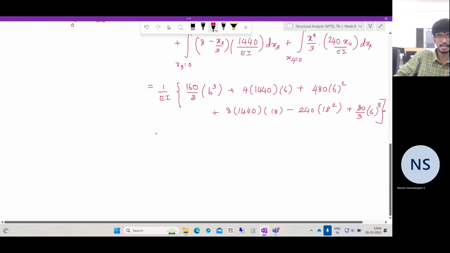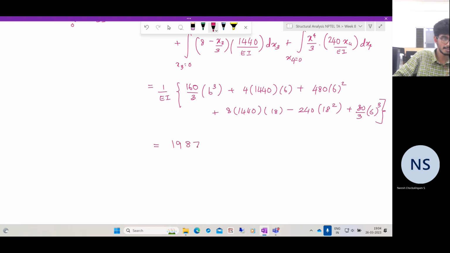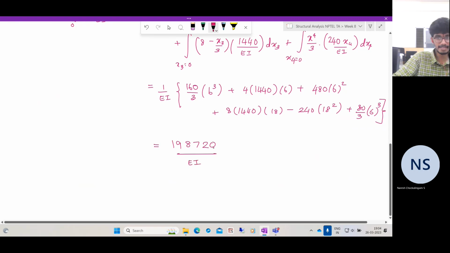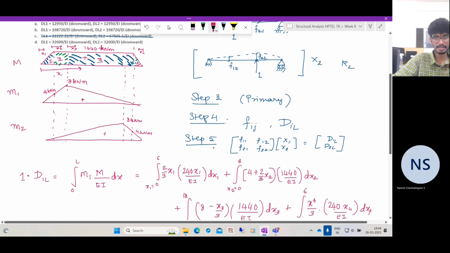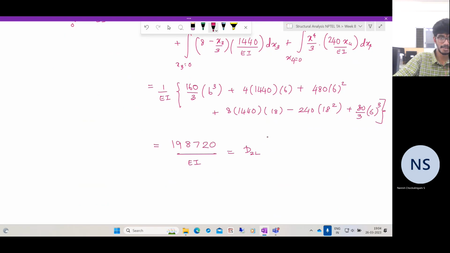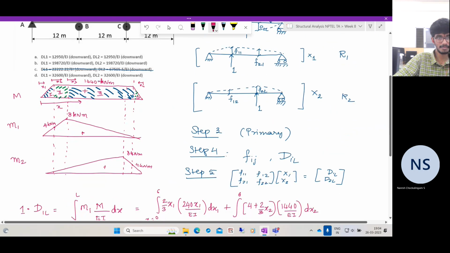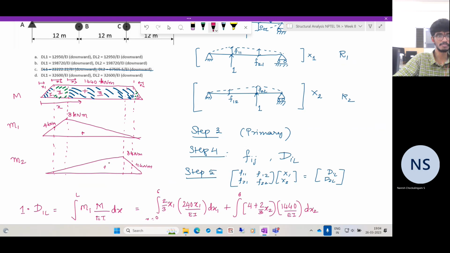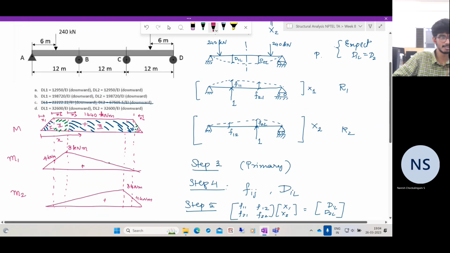So this expression evaluates to 198,720 by EI. As I said, since the primary structure is symmetric, this should also be equal to D2L. We can also check this exactly because this is symmetric. If you do the integrations in the same way, starting from the right hand side, you get exactly the same expression. So what is the answer? The answer is option B, 198,720.